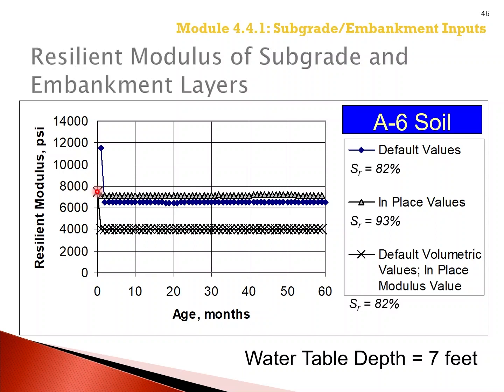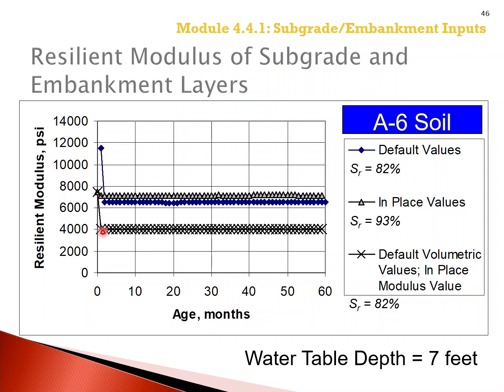But if the optimum water content and maximum dry density are entered into the software, along with the resilient modulus representing soak conditions, or a degree of saturation of 93%, the software through the EICM is going to reduce that value further, because it assumes it is at optimum conditions, which would be about 82%.